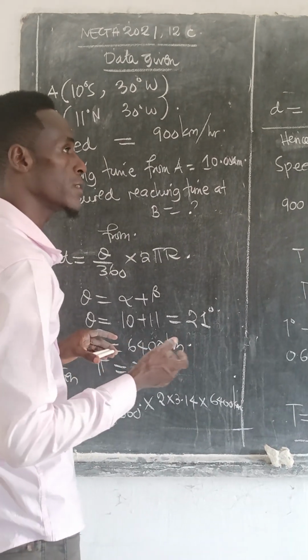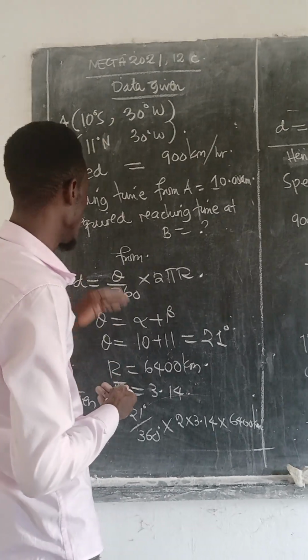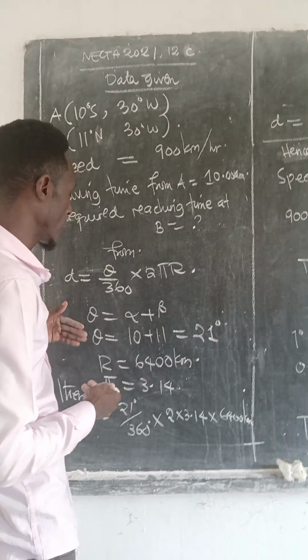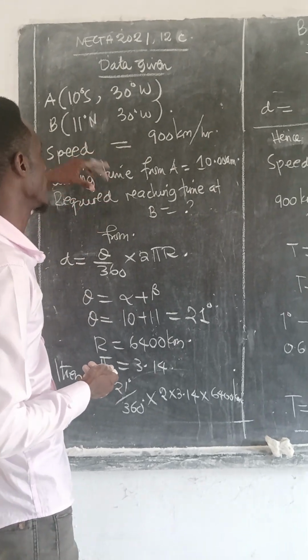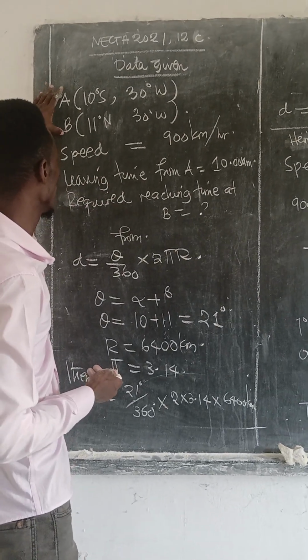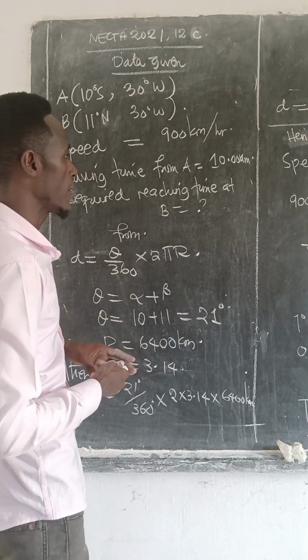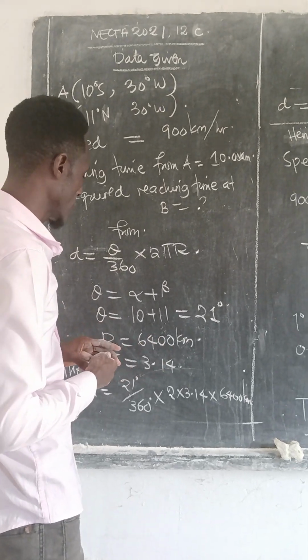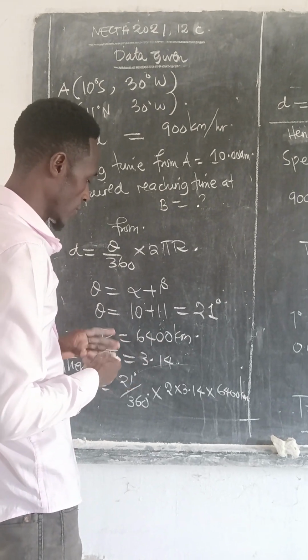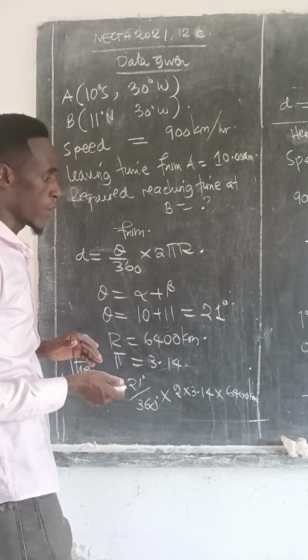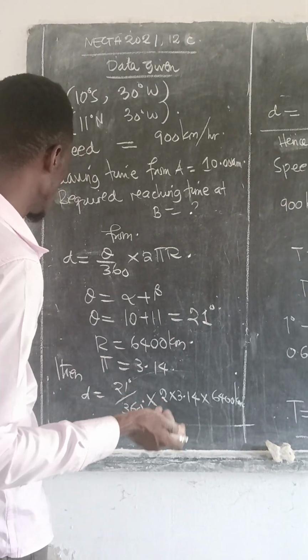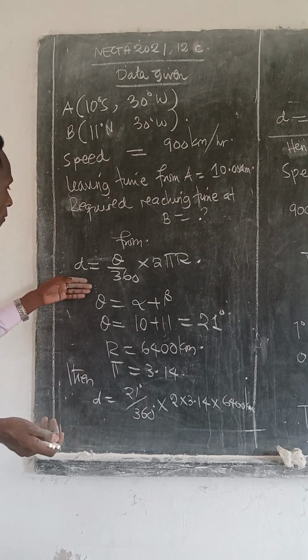Then from that distance, we find the time from the formula of speed, and so we come to find the reaching time. Let us now continue.